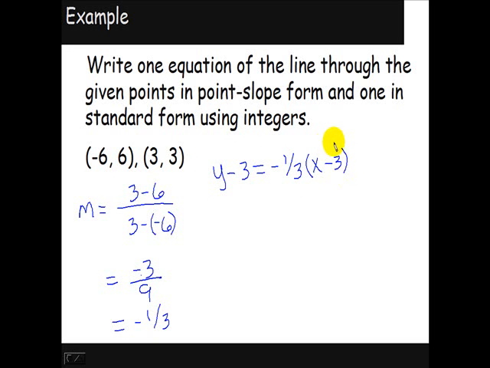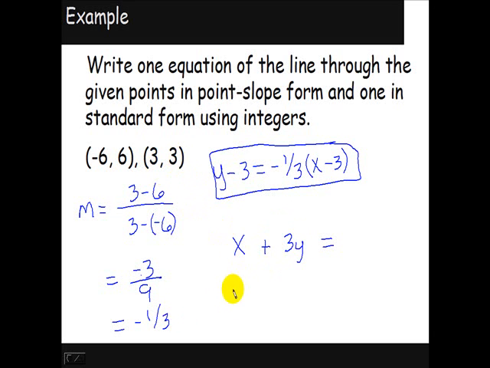Now let's go ahead and do standard form. Standard form says my slope is negative 1/3. So that my a is 1, so I've got 1x. I'm just going to write x. My b is 3. I've got 3y. And that equals some c value. This is a negative slope, so the opposite would be positive. If I want to find the c value, I just plug in an x for the x, a y for the y, and let's see what we get.